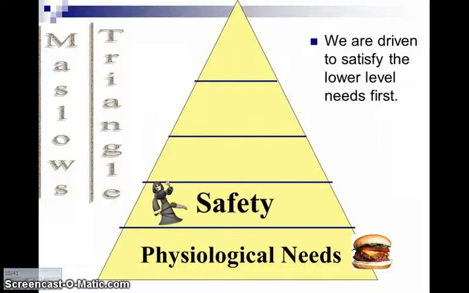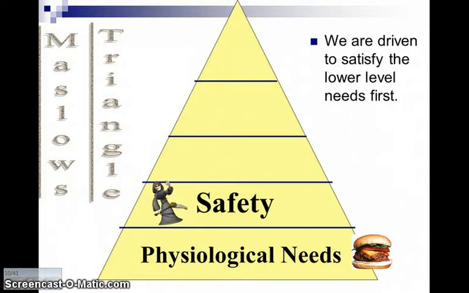And he says the next thing we concern ourselves with is safety needs. So let's say a person has their basic physiological needs taken care of. They have enough food. They don't have to worry about where their next meal's coming from. They know where they're going to sleep at night. They have a house or an apartment to stay in, what have you.